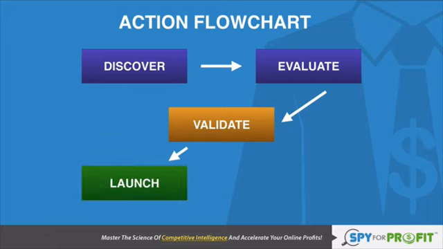After the validation stage, when we figure out, hey, there is money to be made here, hey, we are getting results here from our marketing, then we go into launching that product to market, getting it out there, generating the traffic, and starting to actually make sales and build the business. And then ultimately, the last phase is scaling the business.